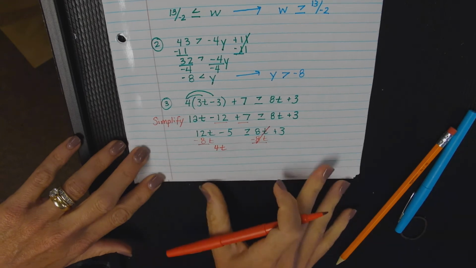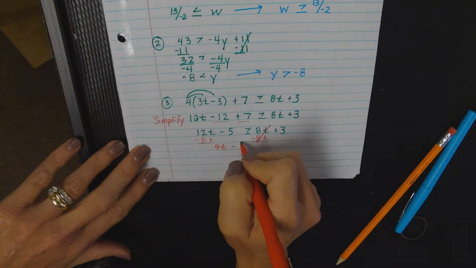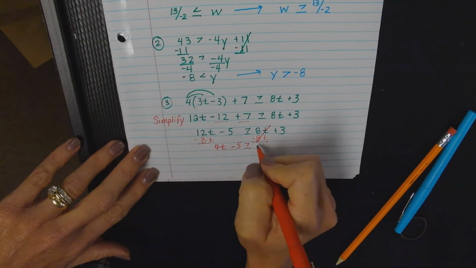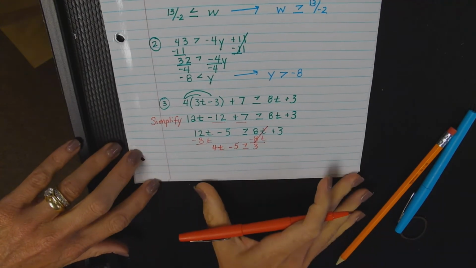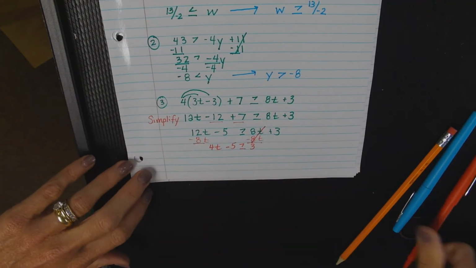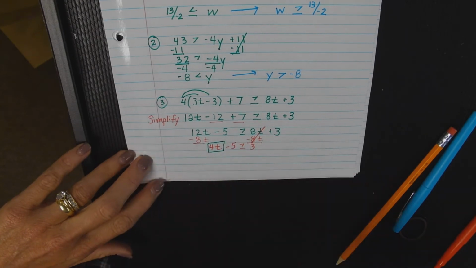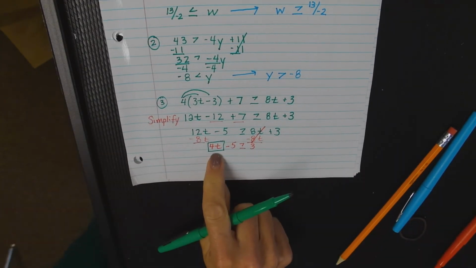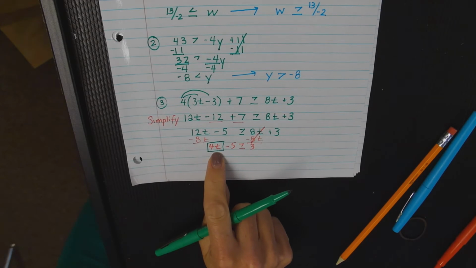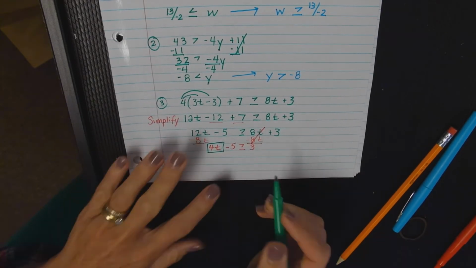Let me check now. Okay. I'm going to rewrite everything here. All right, Libby, what do we do next? Add 5. Y'all remember I did this? The T's are done. They're all together. So I'm going to add 5.